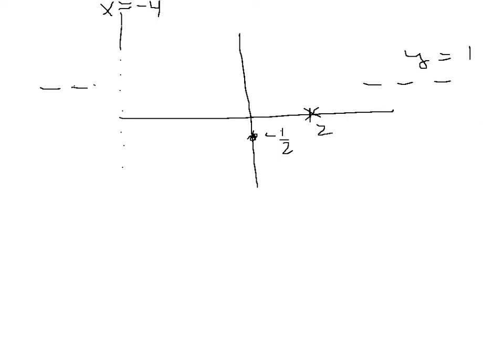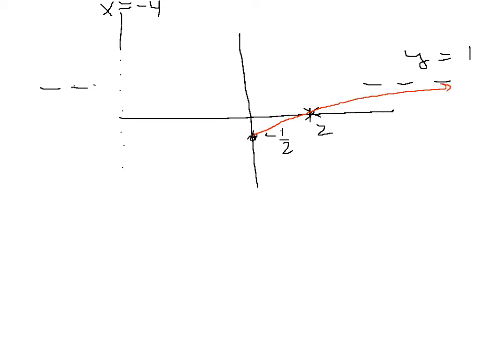So what I've done here is I've just put down all the things that we learned. The y-intercept, the x-intercept, the horizontal asymptote, and the vertical asymptote. And now when I graph it, I find it's best to start at the y-intercept and then look to the right. I have a root, and then I have an asymptote.